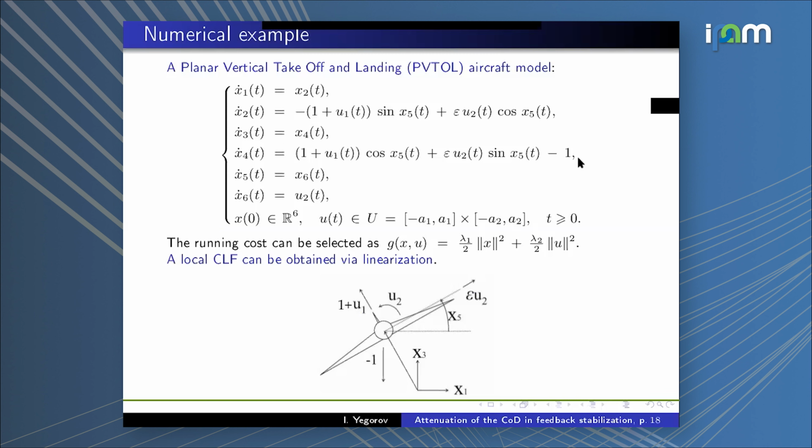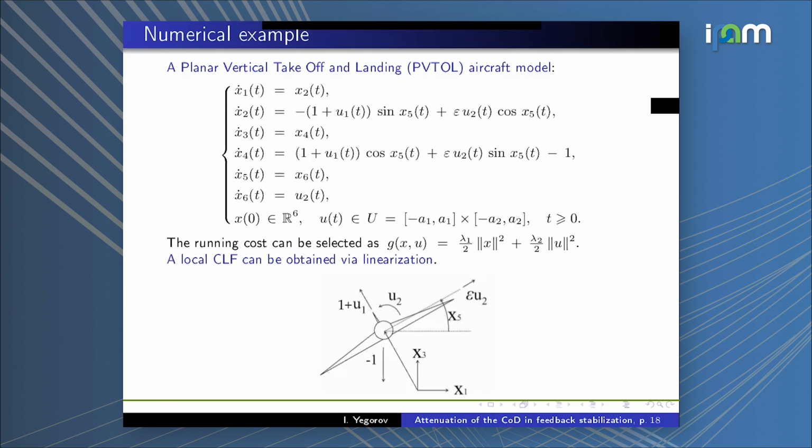Also, one is the normalized gravitational acceleration. And why do we take 1 plus u1? We just want our system to be resting at the origin when u1 and u2 are equal to 0. So that's just a very useful change of variables. So we take 1 plus u1 instead of just u1.